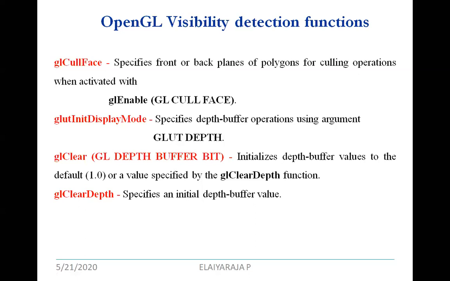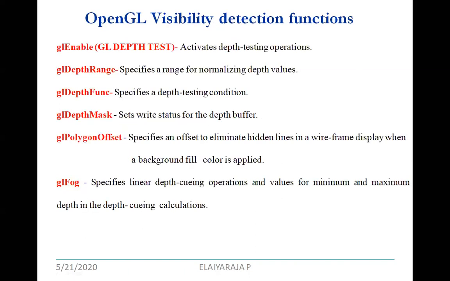Then glClearDepth specifies the initial value for the depth buffer, which will be replaced by what you write with glClearDepth. Then there are glEnable with GL_DEPTH_TEST, depth range, depth function, depth mask, polygon offset, and glFog, which are a few OpenGL visibility detection functions. glEnable activates a depth testing operation, and depth range specifies the range for normalizing depth values, from 0.0 to 1.0.